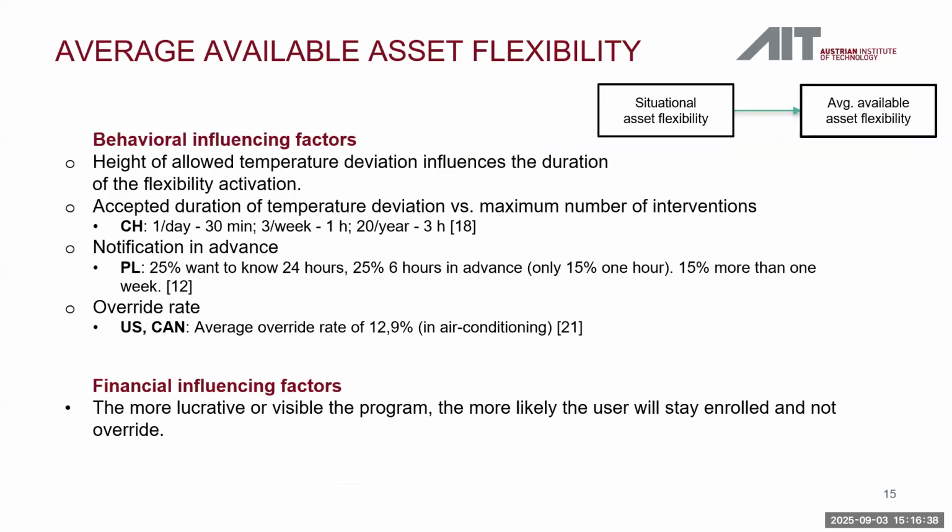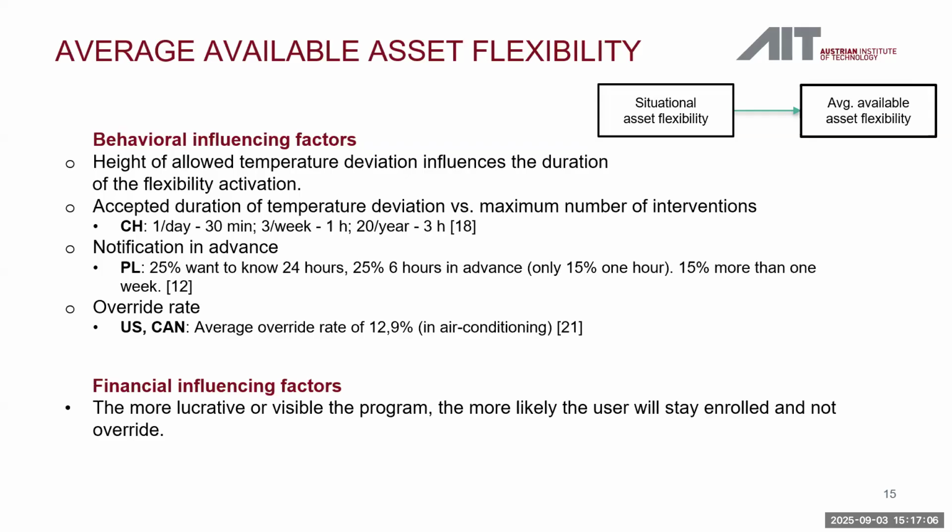So if I'm in my building and I have set a comfort temperature, how much will I allow the heat pump to either preheat the building or let it cool down? For users, the duration of the activation and the frequency of those activations are not independent, so they might allow more events if they take shorter or less if they take longer.